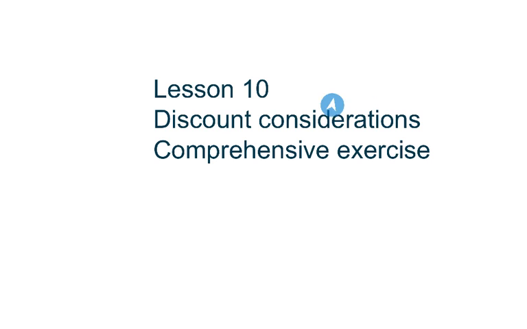So we need to consider discount also. And then we will do a comprehensive exercise in lesson 10. So lesson 10, not really too much on new concepts, only to consider the discount, but then really to do a comprehensive exercise on the economic order quantity.